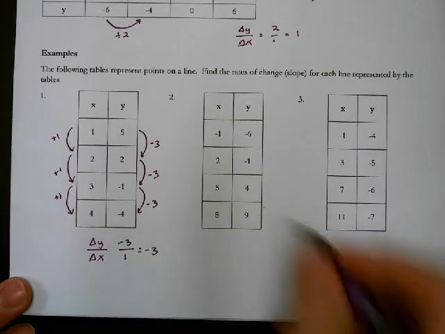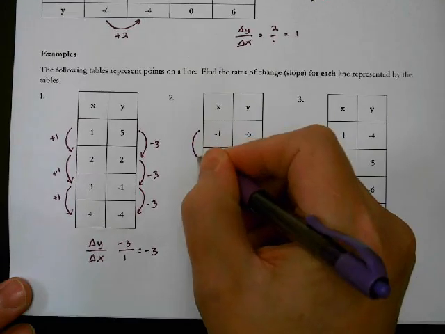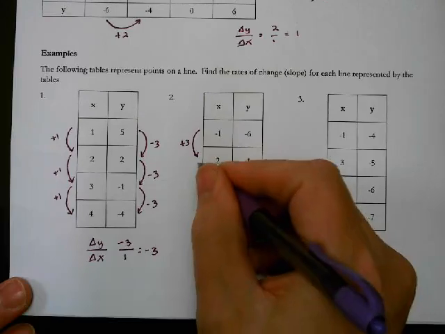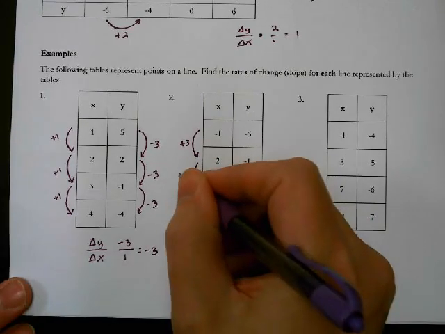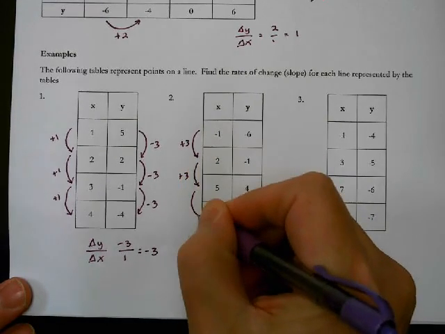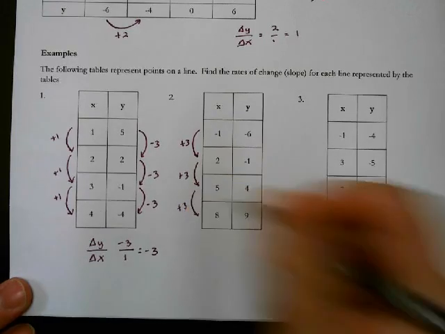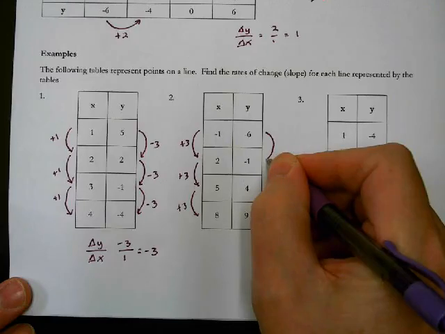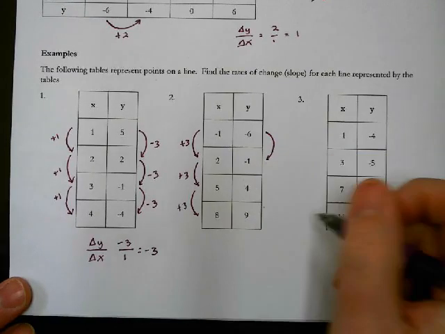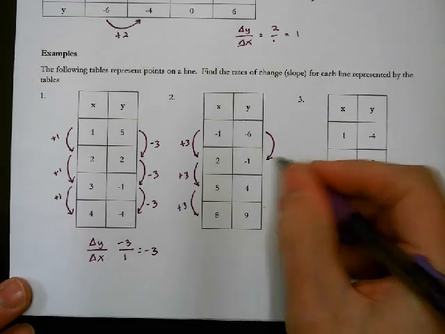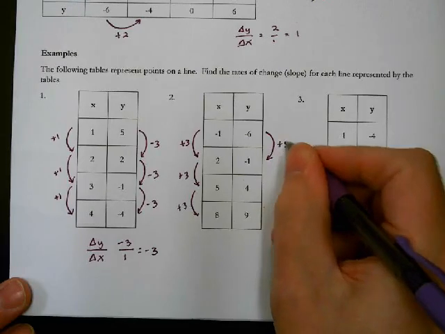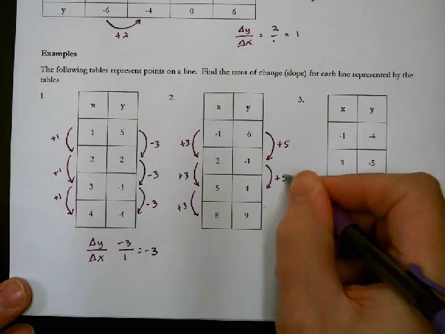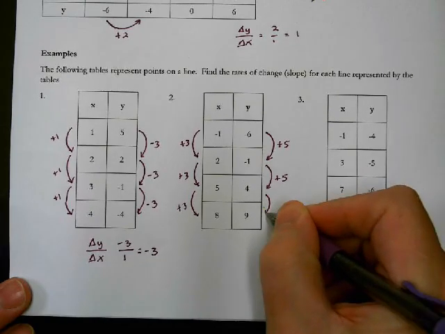Next one, from here to here, my x values are increasing by 3. From here to here, still increasing by 3. Here to here, still increasing by 3. For my y values, -6 to +1, that's getting bigger by 5. -1 to +4, increasing by 5. 4 to 9, increasing by 5.